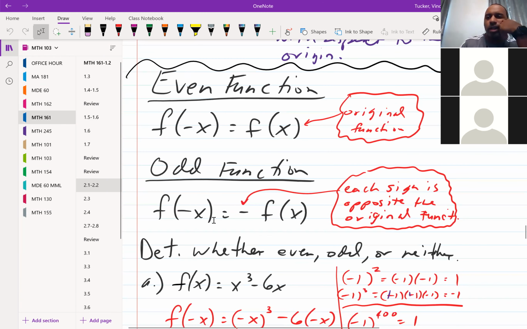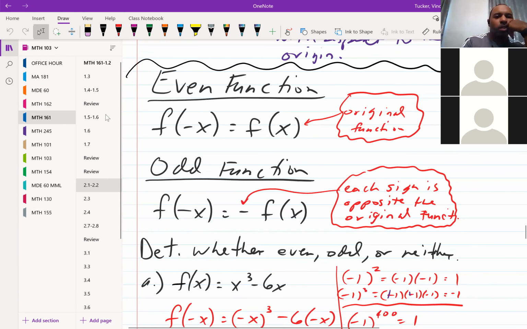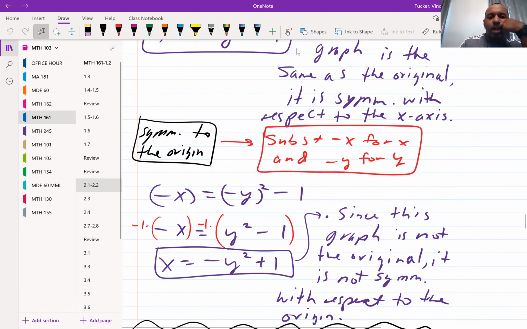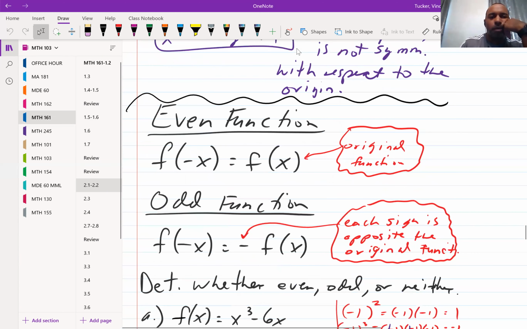I think, and you guys can correct me if I'm wrong, that we are supposed to start here with even functions, because we did symmetric to the x-axis, y-axis, and origin. Now we're looking at even functions.